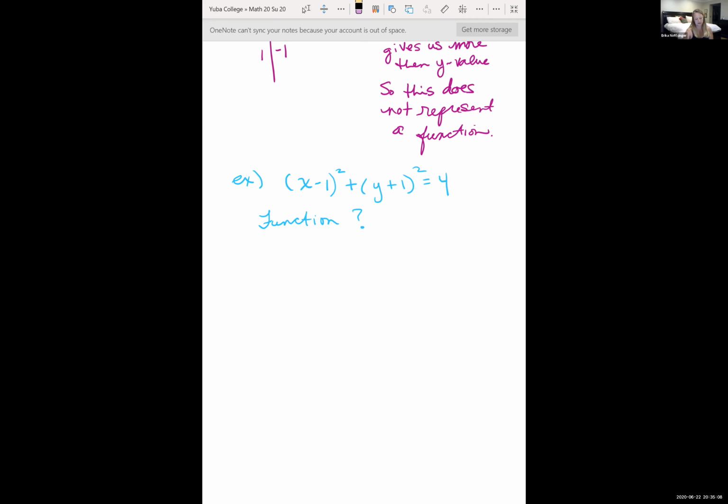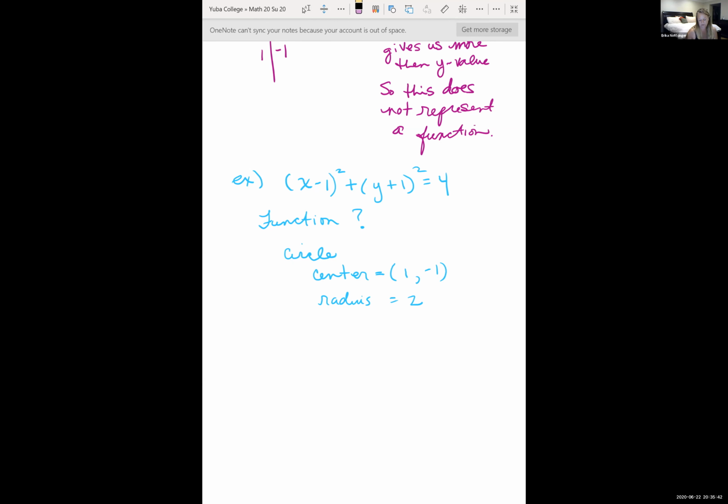Well, hopefully you know what this shape is. This is a circle, right? We saw that the center is in a form where we could tell what the center is. The opposite sign for the x is our x value of the center. So this would be (1, -1). And our radius, this is r squared, so it would be the square root of 4, which is 2.